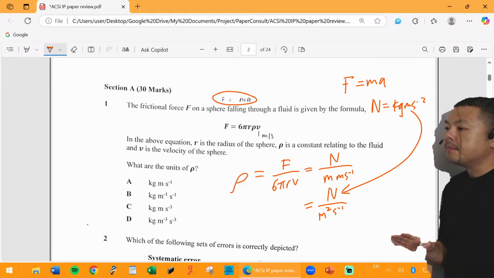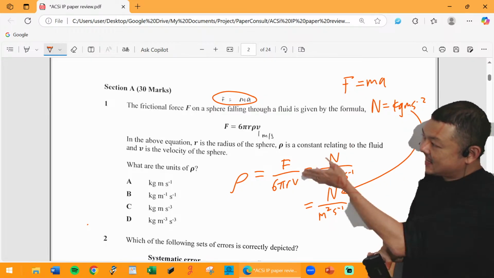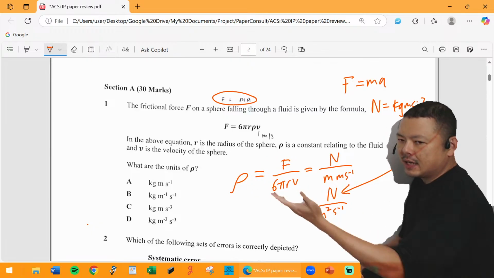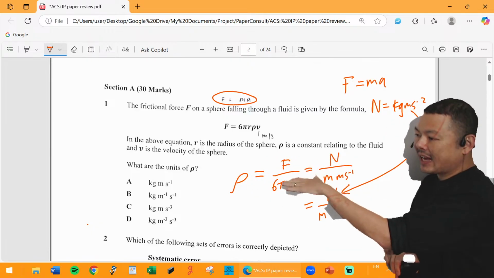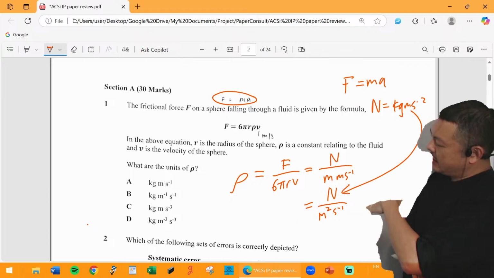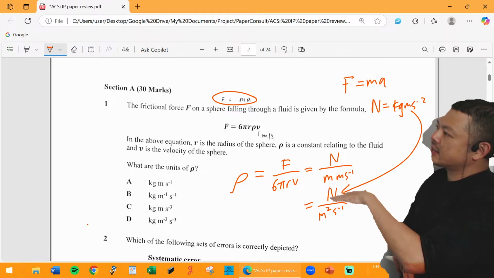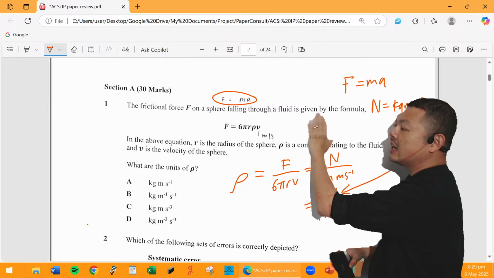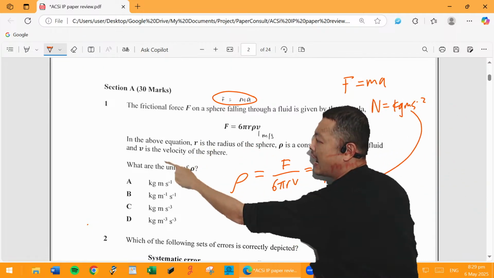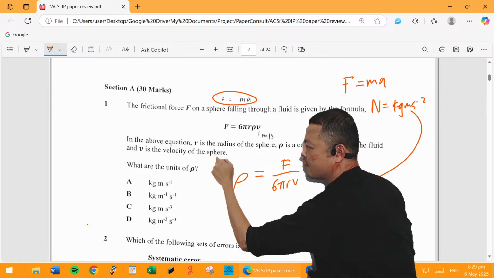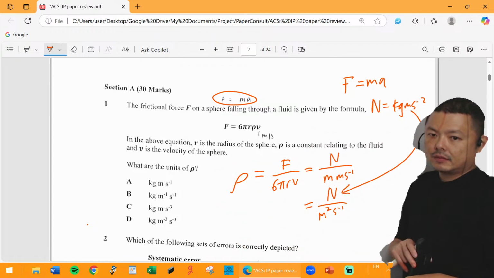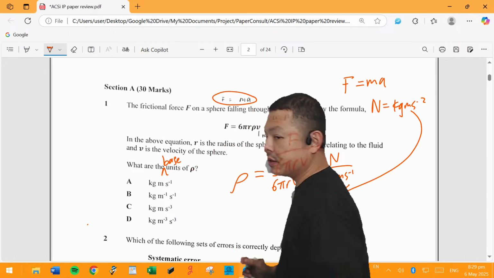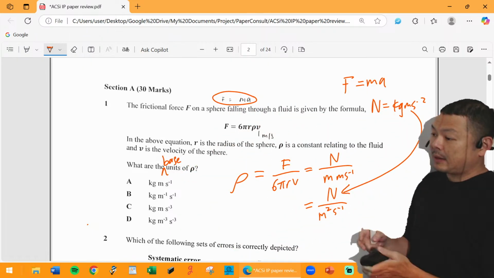But I can tell you that this is kind of an IB level question. This question here, they modified it. The original question is: what are the base units of rho? They're asking for base units. You all want to catch up as quickly as you can.